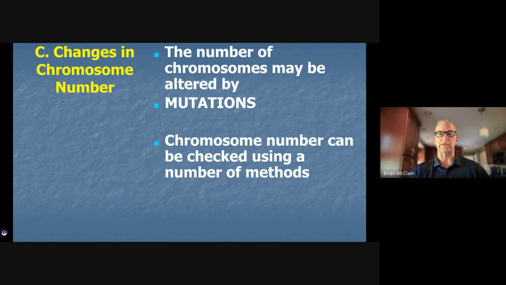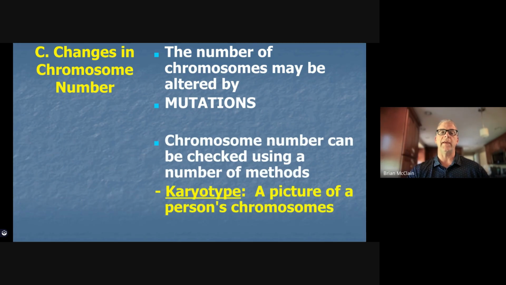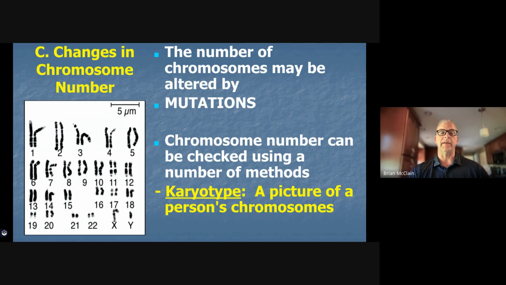They're going to have 46. And one of the things that can be done is to verify that a picture of an unborn child's chromosomes can actually be analyzed and looked at. So in this particular picture, you'll notice that every chromosome set has 2, which means that there is a grand total of 46 chromosomes.